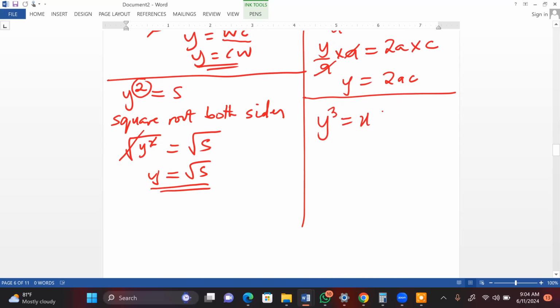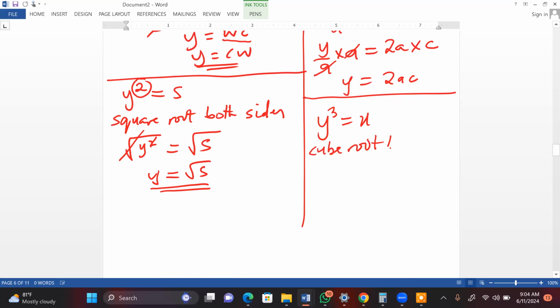So y cube equals x. So what am I going to do now? Cube root both sides. Good. That's it. You got it.